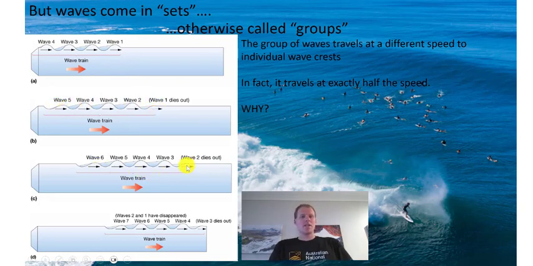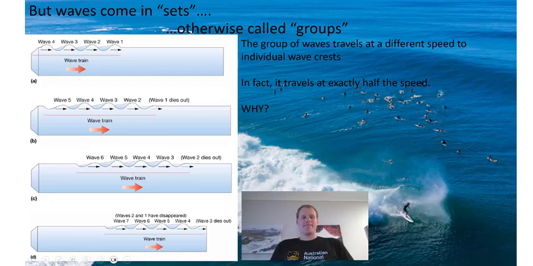And it keeps moving, and then the second wave dies out, and another wave forms at the back, and so on and so forth. So the waves at the front vanish, and the new waves form at the back. And so this is actually because the wave group travels half as fast as the individual waves.